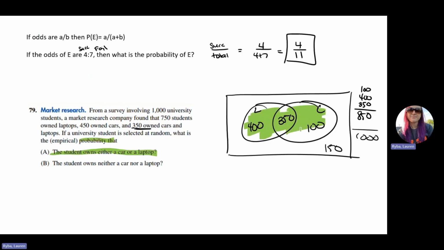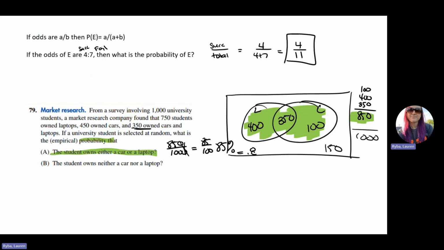So they can be contained in the circles. That's a total of 850 out of the 1,000. So you could either write that as 85 out of 100. I could just write this as 85%, just because I know 85 out of 100 is 85%.